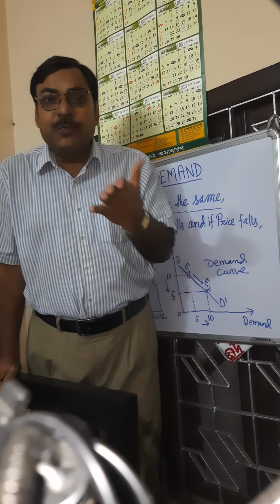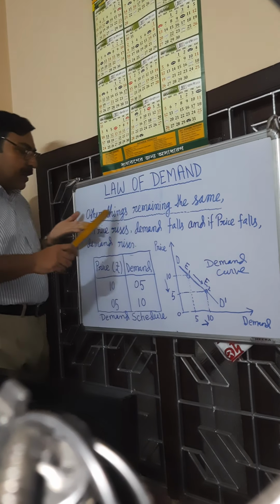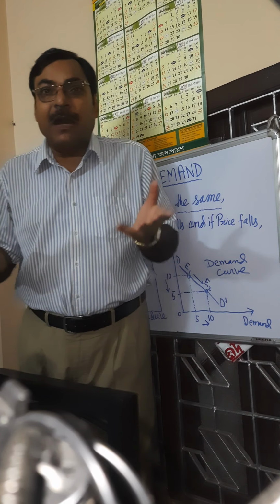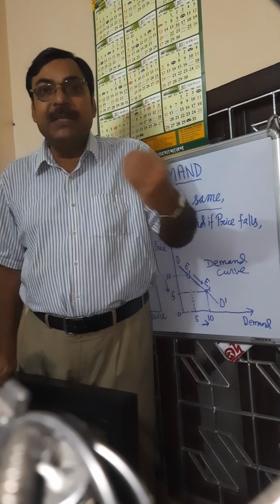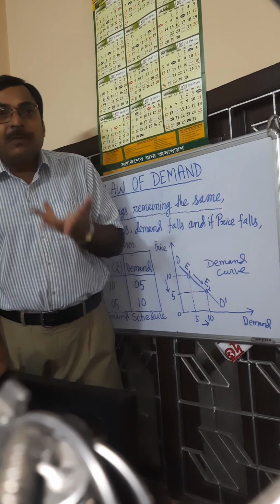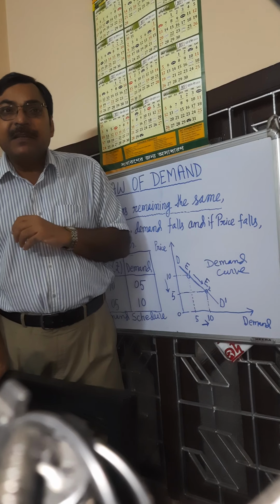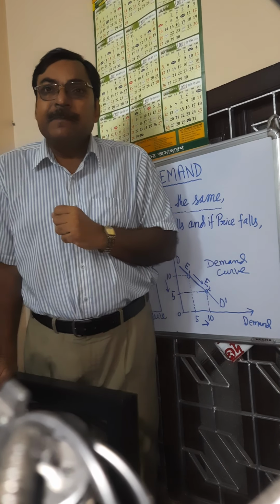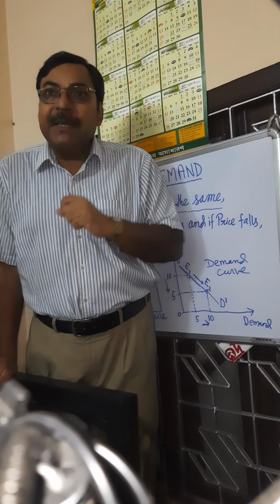Now the question is, we have already assumed other things remaining the same. Within these other things, income is also included. So if we have already assumed income is unchanged, where is the concept of income effect coming from? Yes, it is coming.